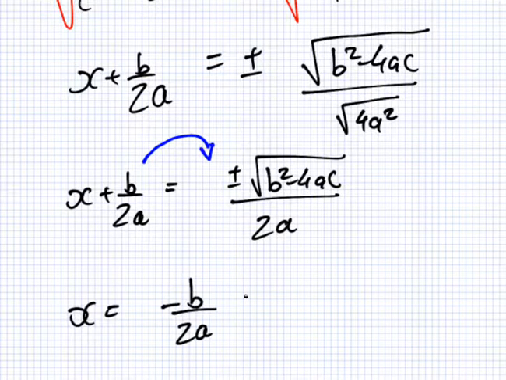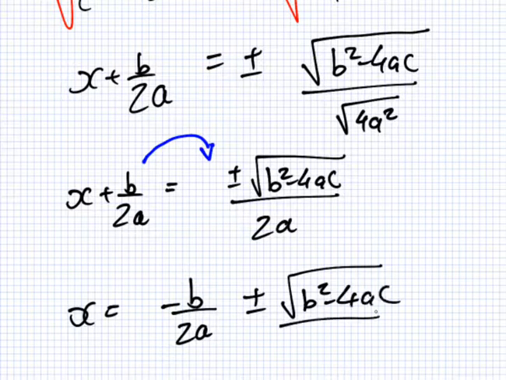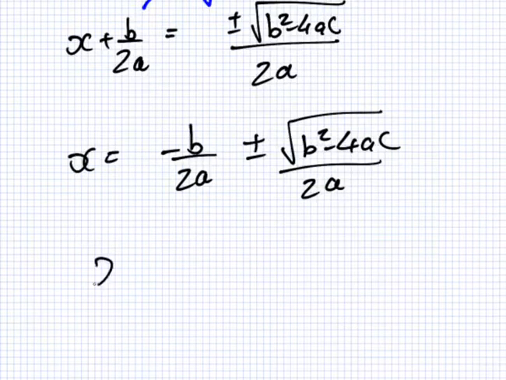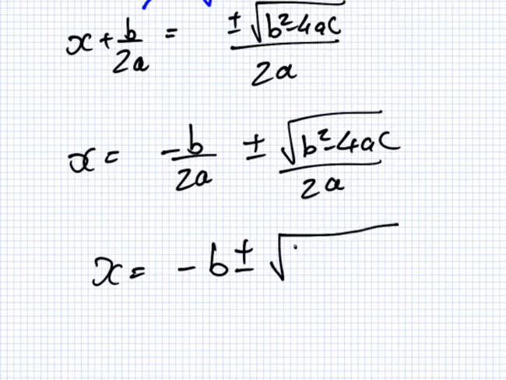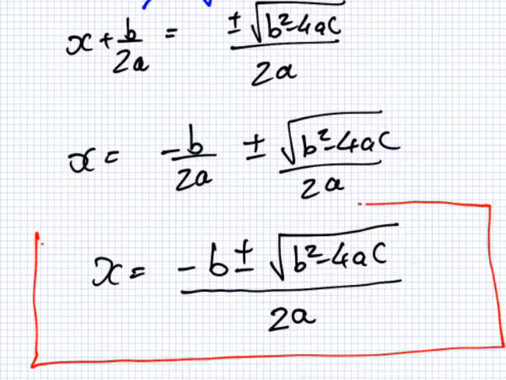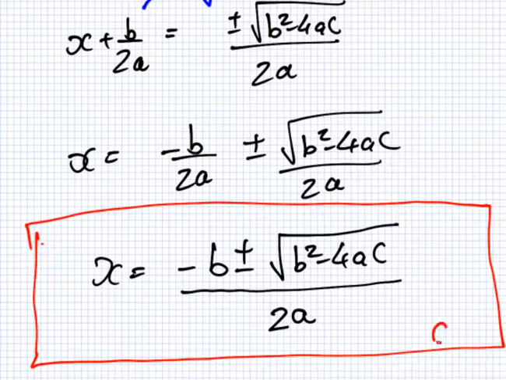Okay, so what I want to do next is put these together as one. So if you look here, this is an a, but this is a 4a squared. So what I could do is multiply the first one by what? 4a. If I put a 4a on the top and a 4a on the bottom, this will be 4a squared.